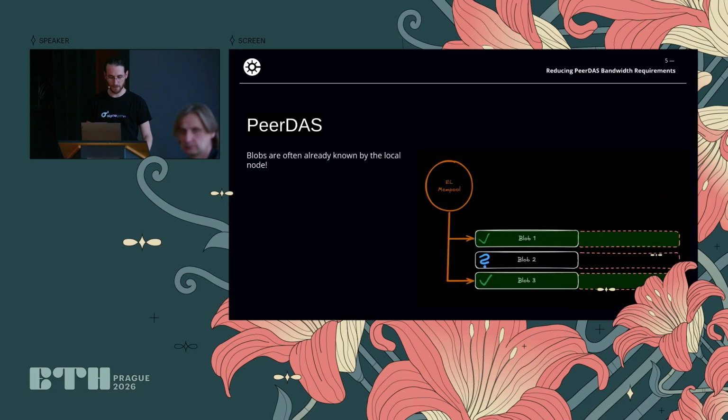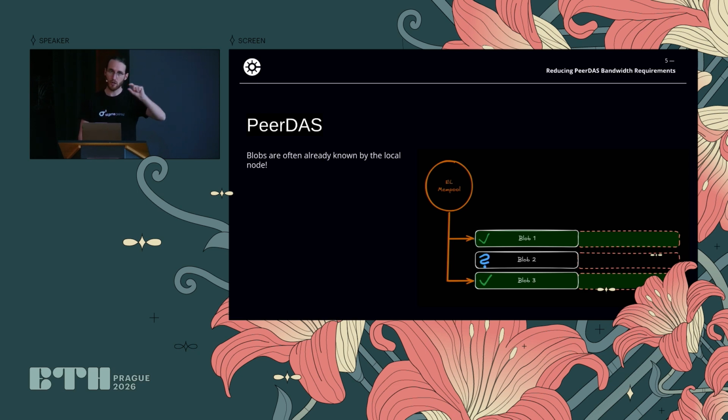However, we have the possibility to optimize a bit, because every Ethereum node has a consensus layer node and an execution layer node. And the execution layer client has a mempool of all pending transactions, including blob transactions.